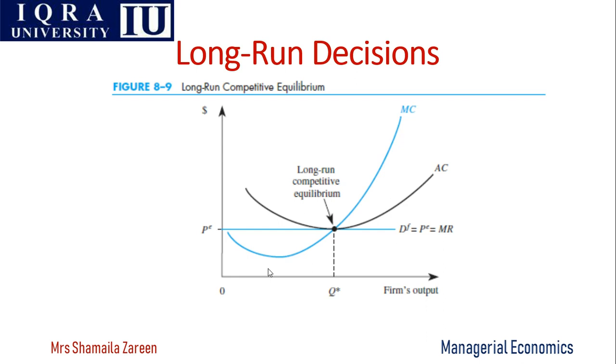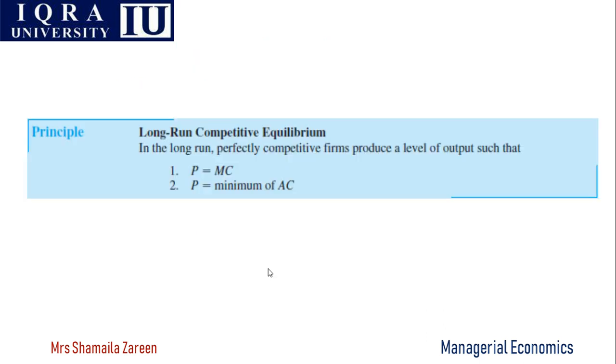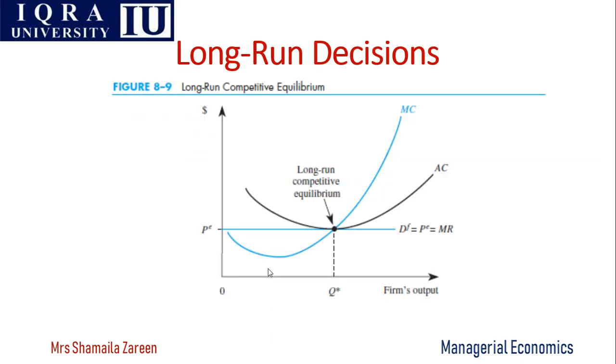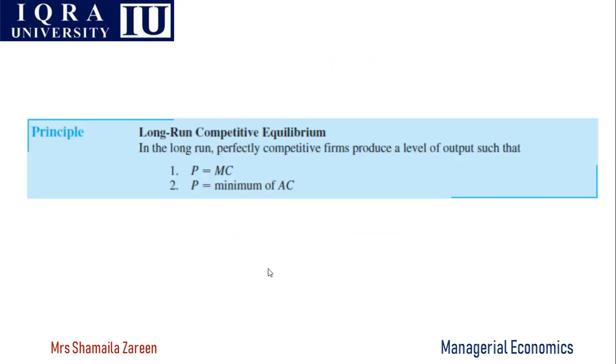They are getting zero economic profit, the no loss condition. So the main principle in this case is that the long run competitive firm produces a level of output such that, number one, price must equal the marginal cost, and number two, the price must equal the minimum of average cost.